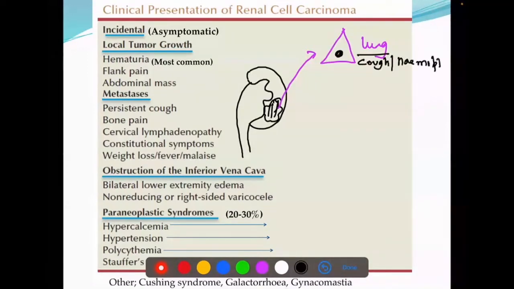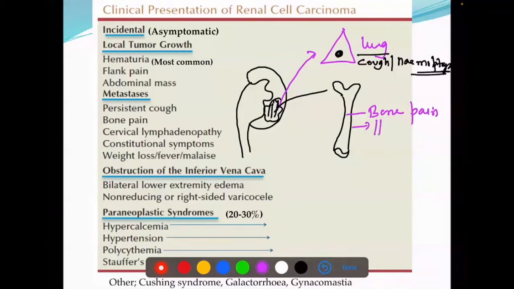Hemoptysis means coughing out blood. And if it goes to bone, it could be vertebral bone or limb bone, then the patient complains of bone pain, especially back pain or long bone pain, and sometimes it leads to fracture because of its osteolytic nature. It destroys the bone.